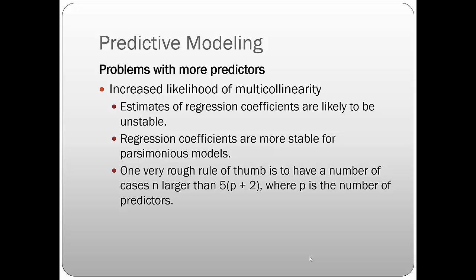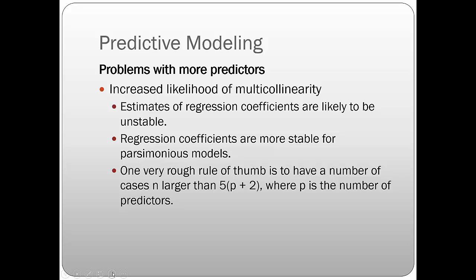And we also need to have a sufficient number of observations. Usually in the context of data mining, availability of data is not an issue. But generally speaking, we need to have at least, if you have two variables, p equal to 2, so 2 plus 2 is 4, 4 times 5, you need at least 20 observations to come up with a reasonable prediction.